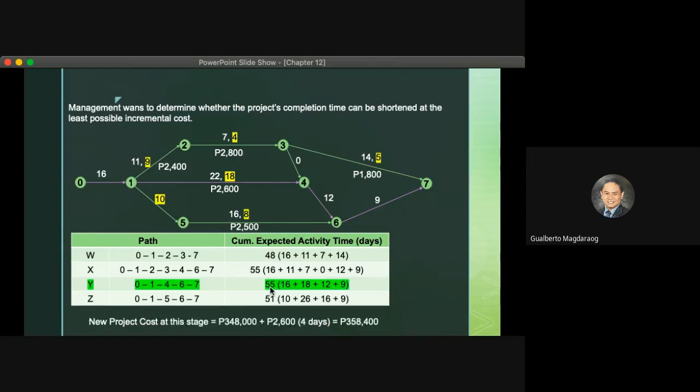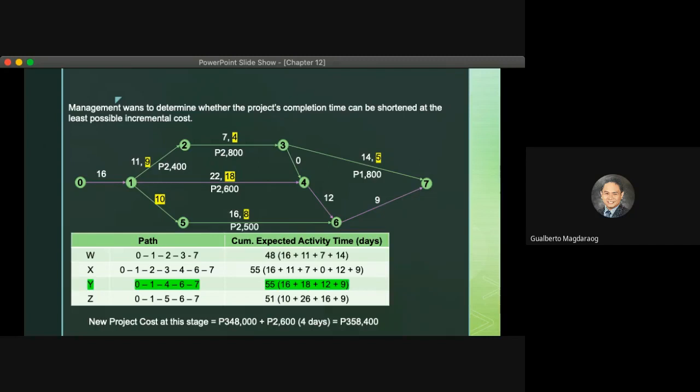Doing that, we will now have a new crash cost or new project cost of 358,400. 348,000 from the original crashing of the 1 to 5 activity, plus 2,600 times 4 days equals 358,400.